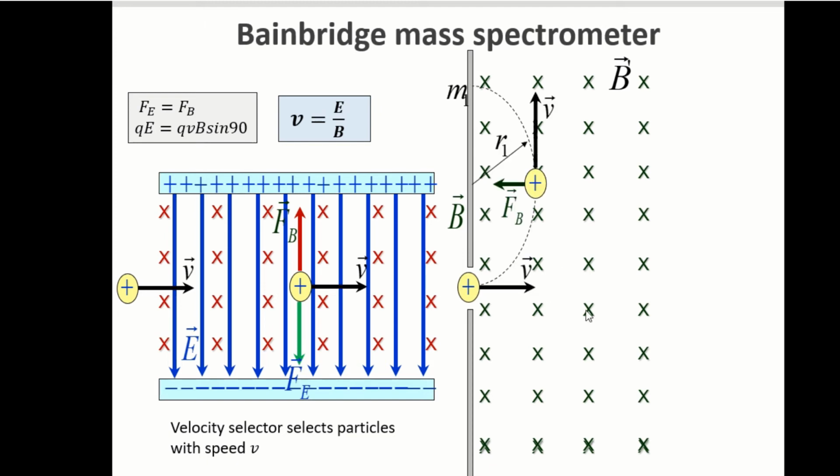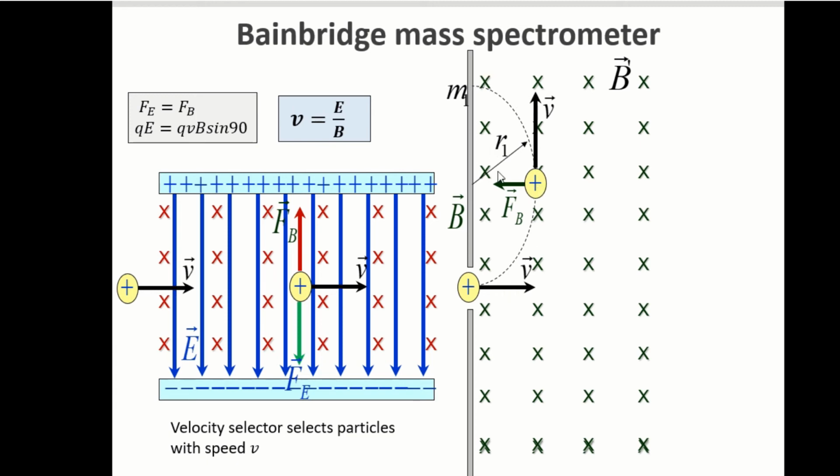So here, the charged particles with velocity v will be deflected in a circular path. According to the right hand rule, if the charge is positive, the particle will be deflected upward.